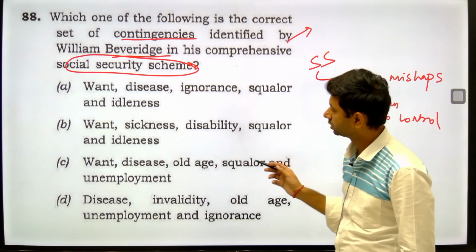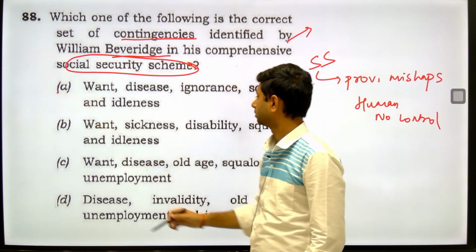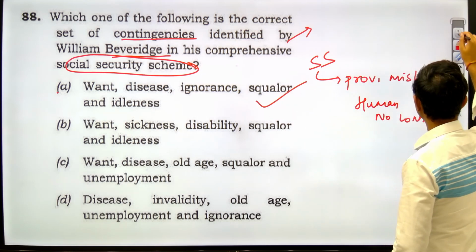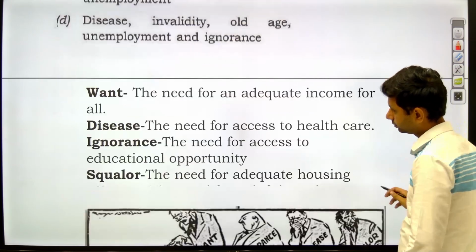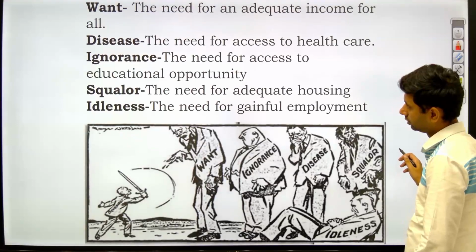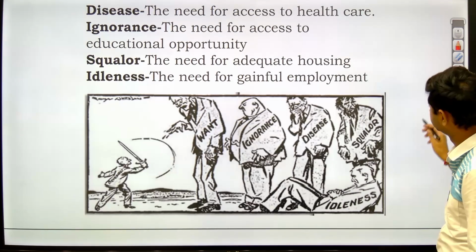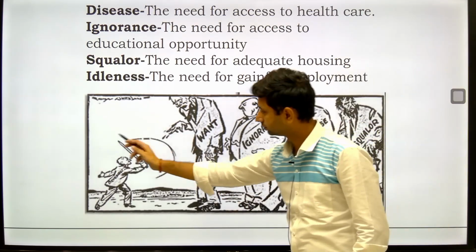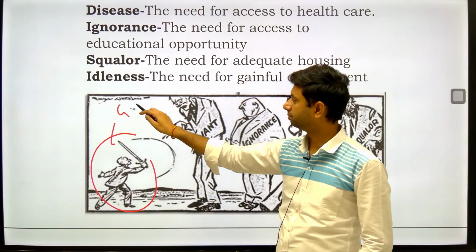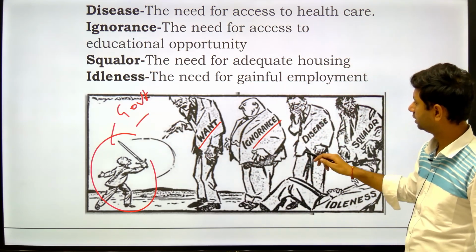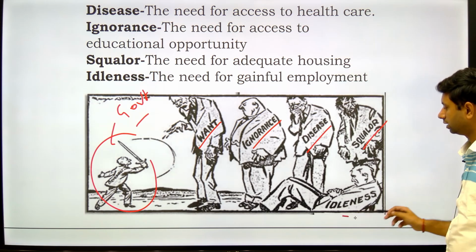The correct option is A: want, disease, ignorance, squalor and idleness. So this is the guy. Government, people and all the stakeholders fight want, ignorance, disease, squalor and idleness.